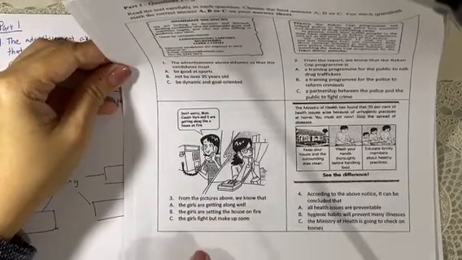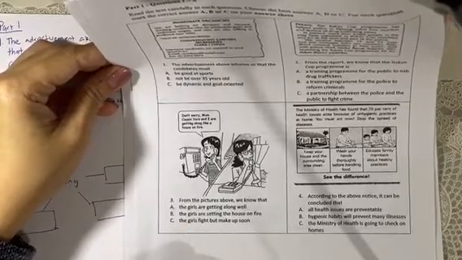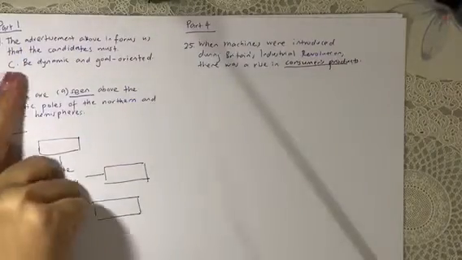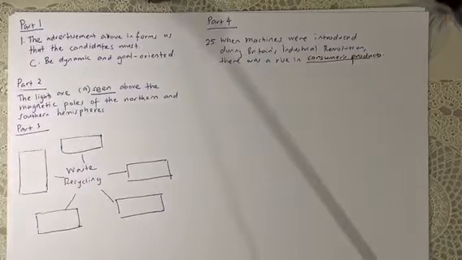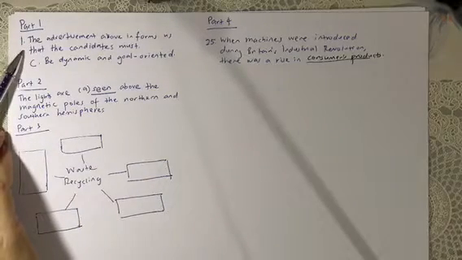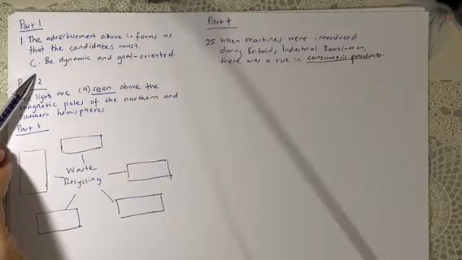Only do correction for the ones that you get wrong. All of you, both classes. Okay, buat macam ni. Okay, part 1, number 1. Kalau number 1 salah, then tulis di number 1, question, answer.